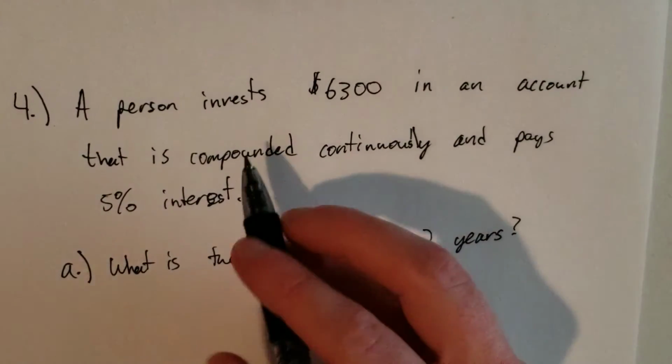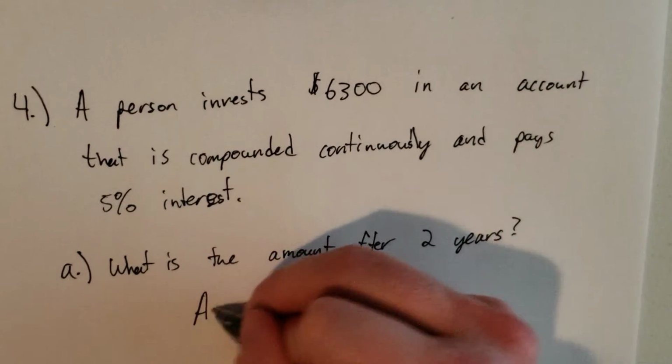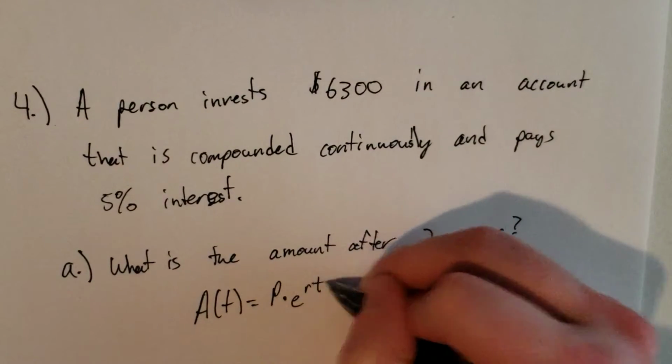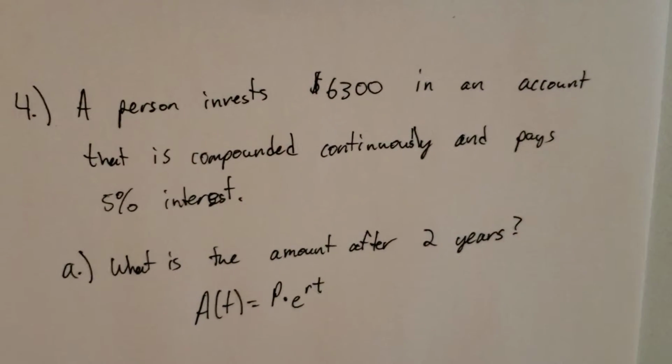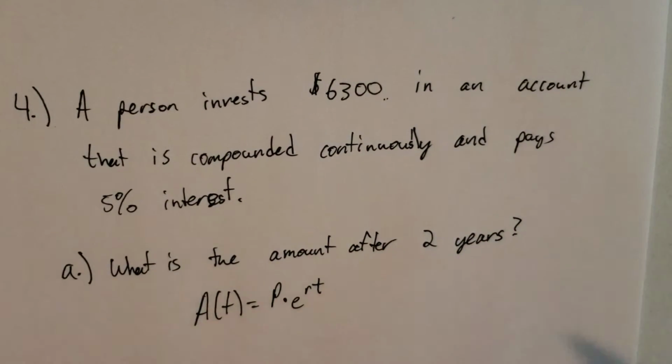Well, we want to use the continuously compounded interest formula. So that is A of t is equal to P times e to the rt. Again, P is the principal amount, which is our initial investment amount. r is our interest rate, and t is the number of years.